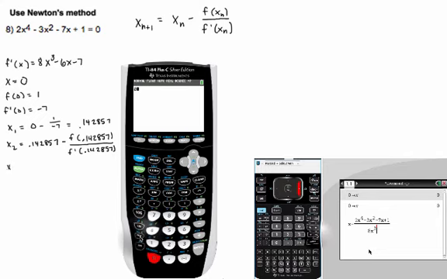And then I'm going to come down here for the third one, and we want it to be accurate to 7 decimal places. So we want to be able to line these decimal places up so that they're exactly the same. All right.